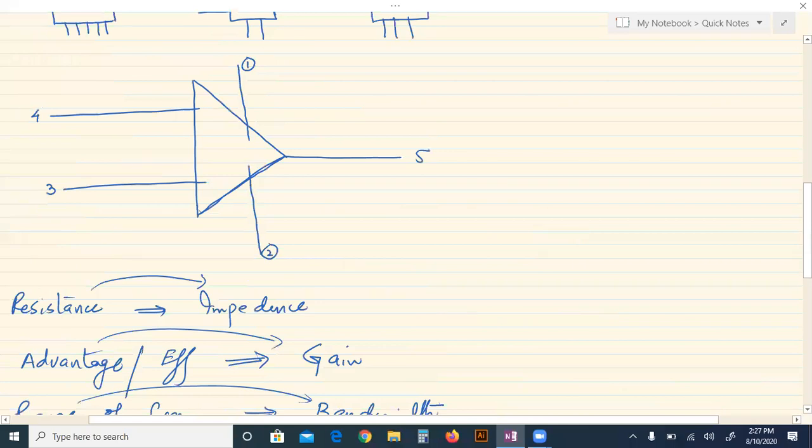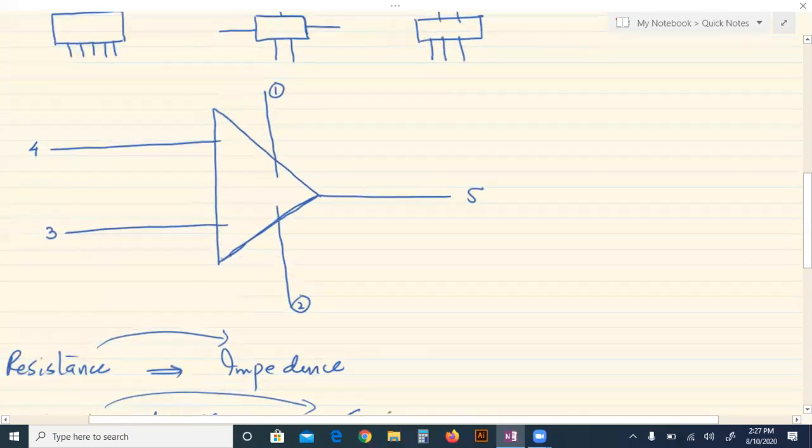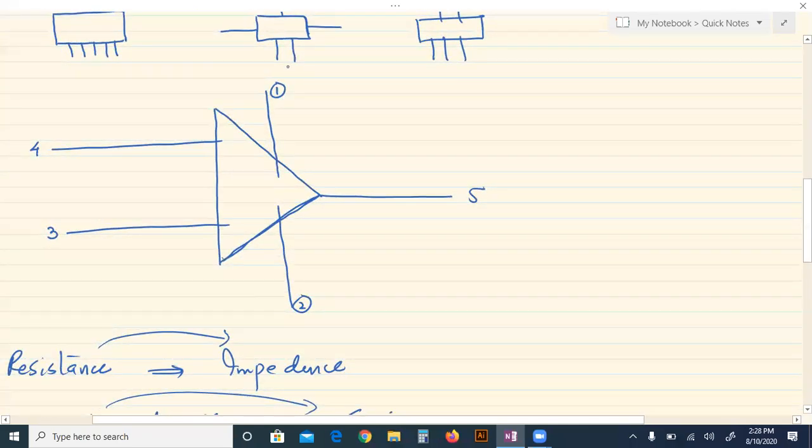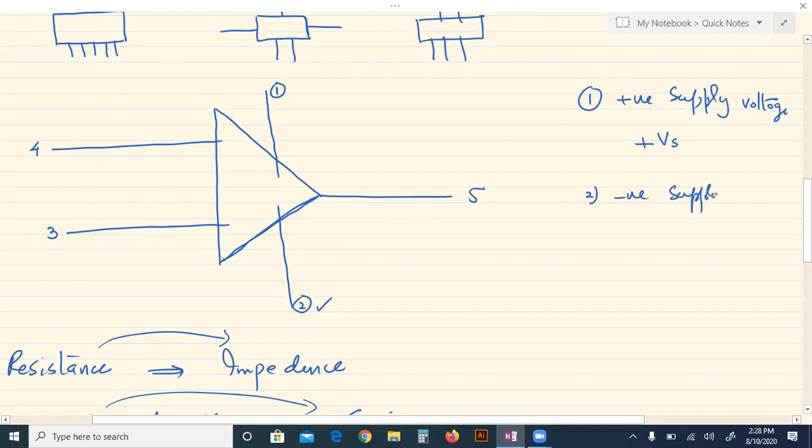Now, come to this. Number 1 terminal is called the positive supply voltage, and it is represented by plus Vs. Number 2 terminal, this one, is the negative supply voltage, and its symbol is negative.